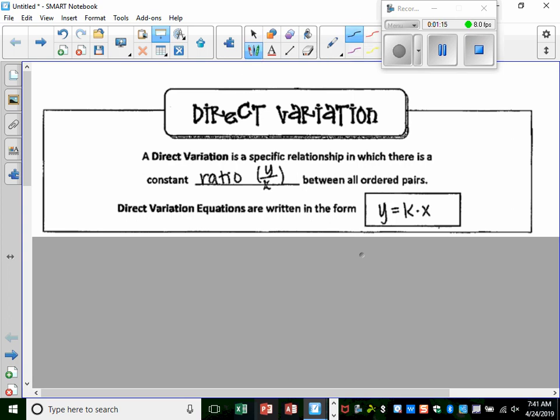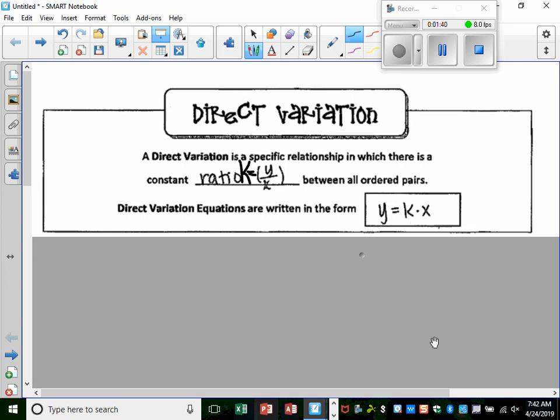And actually put up here k equals, all right, so k equals y divided by x. And then to write your direct variation equation, it's going to be in the form of y equals kx. So k will be a number.